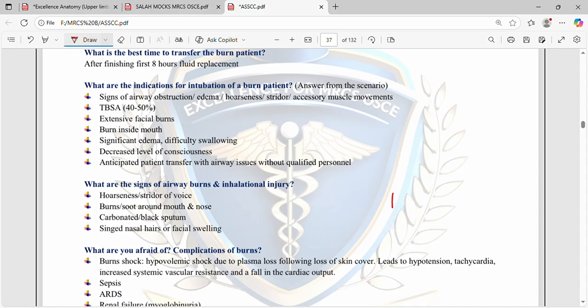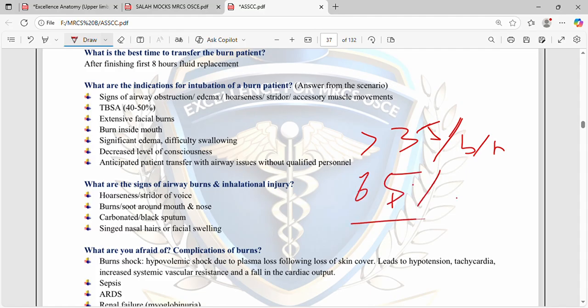You should intubate prophylactically, or if the respiratory rate is greater than 35 breaths per minute, or if the saturation is getting below 65%.